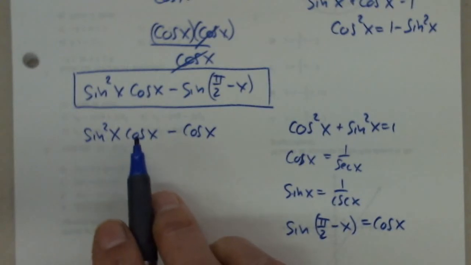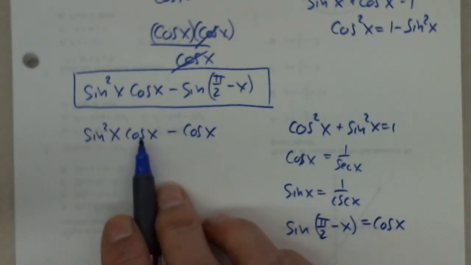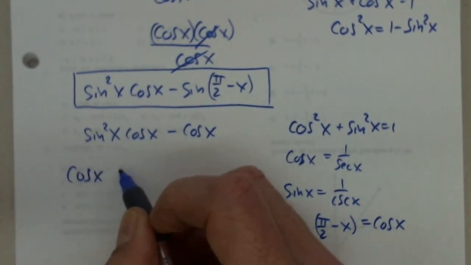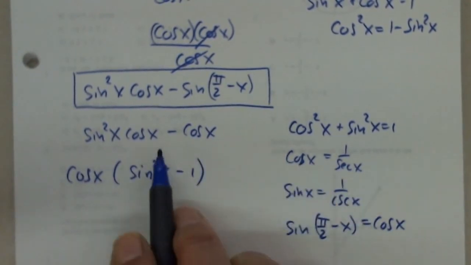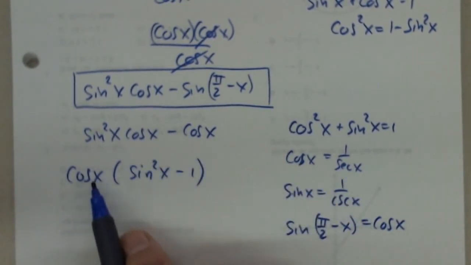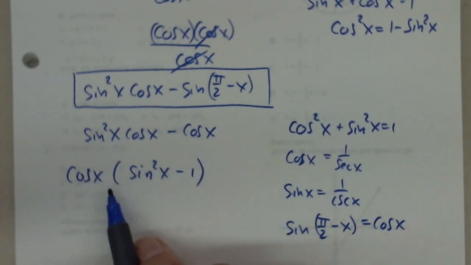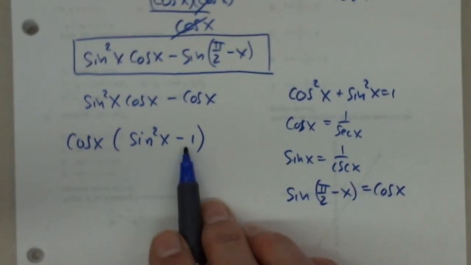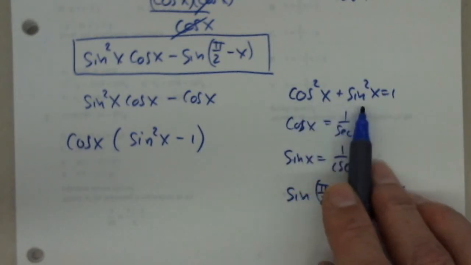If we start changing this, it could get more complicated, but here we have a common factor, and it can come out, and we can factor out a cosine, and what's left is sine squared minus 1. If we go cosine times this, we get that. Cosine times 1, we get cosine. So we know this factorization is correct. Sine squared minus 1, can we make this appear with this?